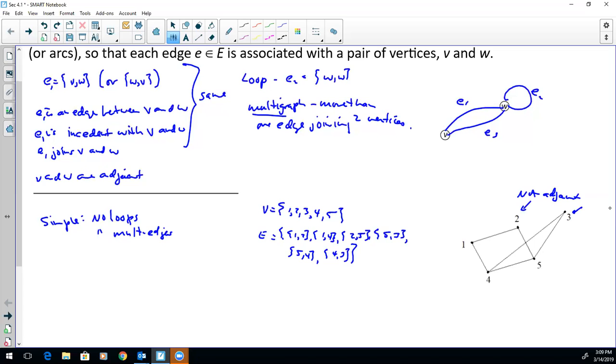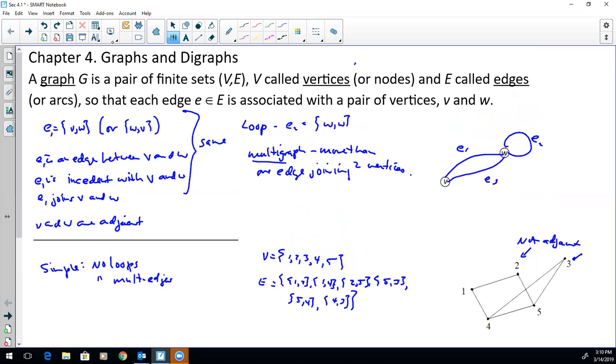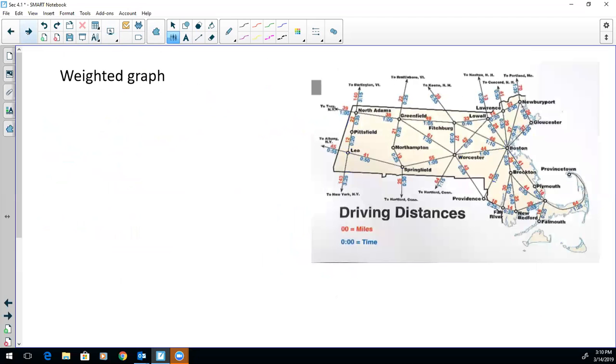Okay. Now, if we had numbers associated to these edges, we would have what's called a weighted graph. And probably the most common one of those here is, well, here's a road map. Okay. We have real numbers on each edge.